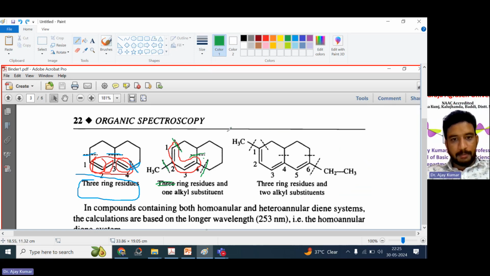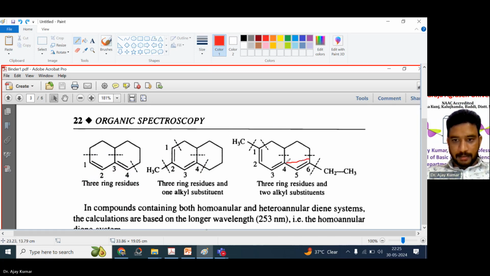The first step is we have to identify the conjugation part. So here double, single, double, single, and again double. This is the part of our conjugation. Now we have to identify the ring residues. So here, here, here. Total 3 ring residues and 2 alkyl substituents.